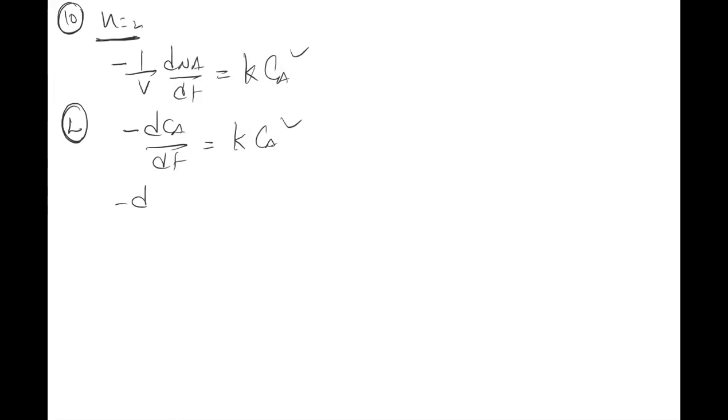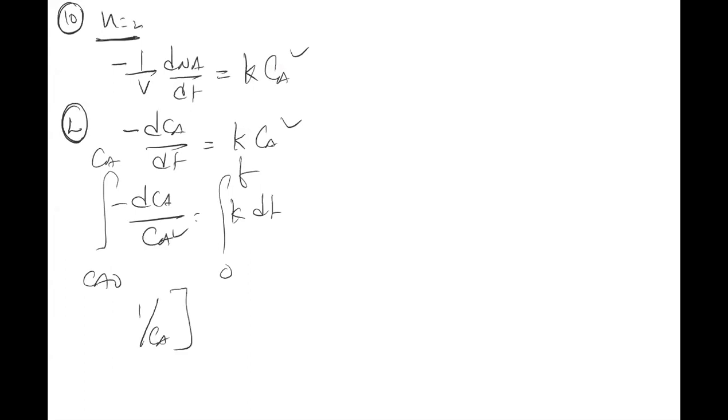So minus dCA by CA square is equal to k into dt, integrated from CA naught to CA, and from 0 to t. You have to be extremely good at integrals, because the entire CRE depends upon integrals. What is the integral of 1 by x square? Minus 1 by x.